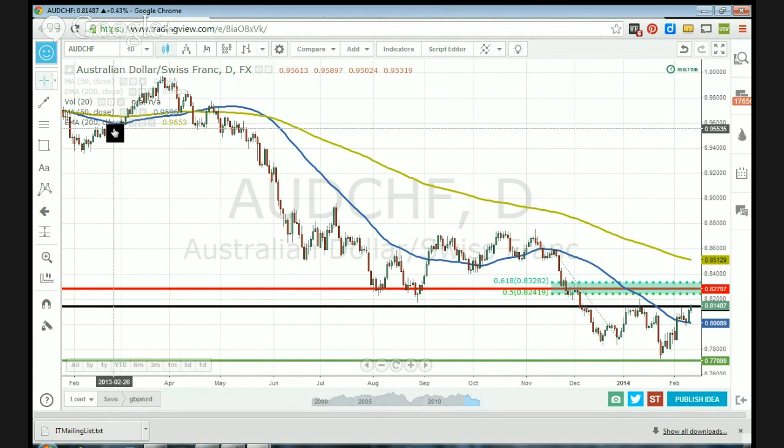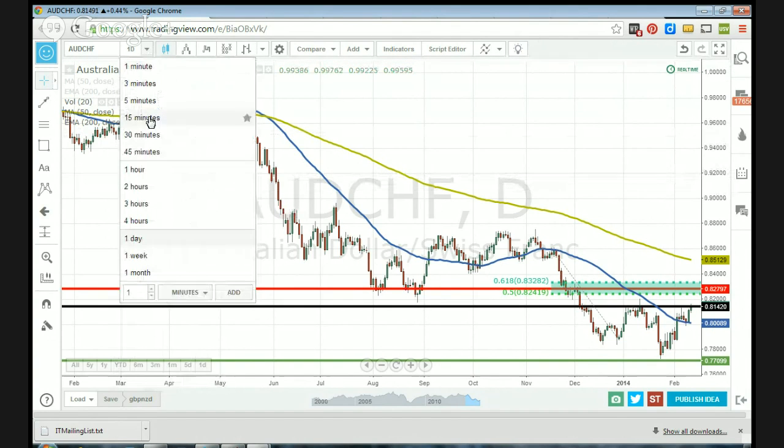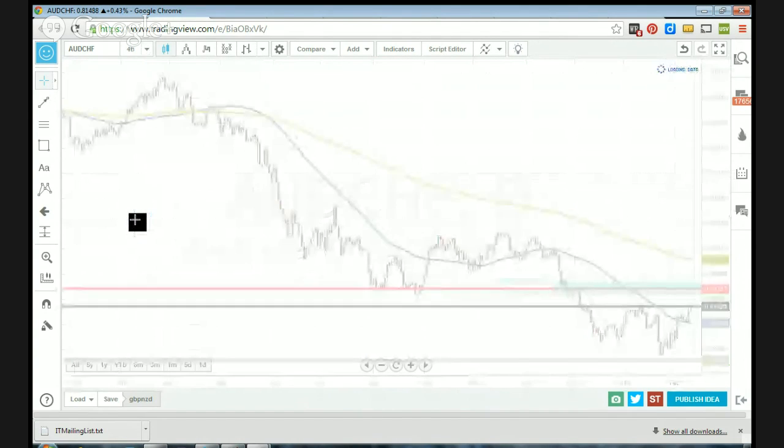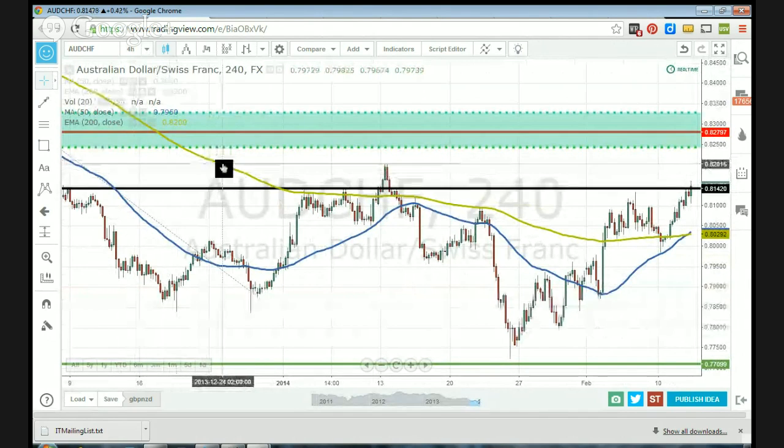So we're at that level, and I think I just don't want to enter on this. We had a big candlestick yesterday. Let's look at the 4-hour chart. Okay, I would just like to see some reversal candlesticks. It might show up here. Right now, we're not really seeing enough.